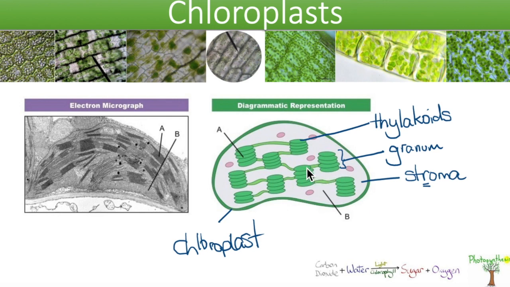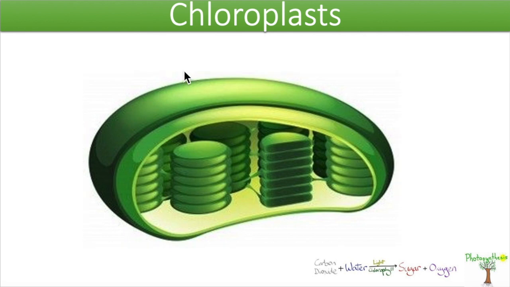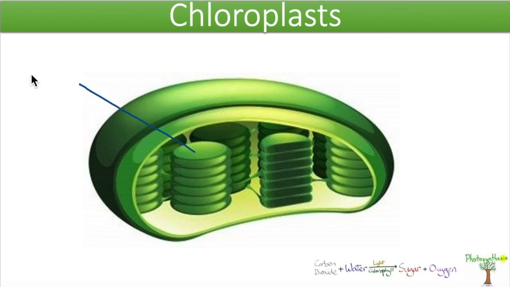Now we're going to take a look a little bit deeper, and let's see what we can see. Here's another diagram of the chloroplast. As you can see, here are the different thylakoids, in their stack. And remember, the stack is called a granum. And then this liquid that they are floating in is called the stroma. So let's just label it one last time. Each individual one is called a thylakoid.